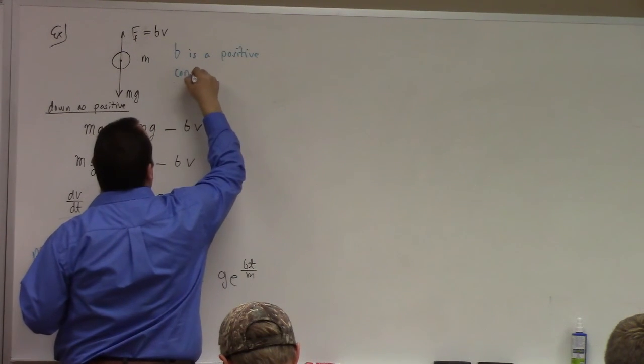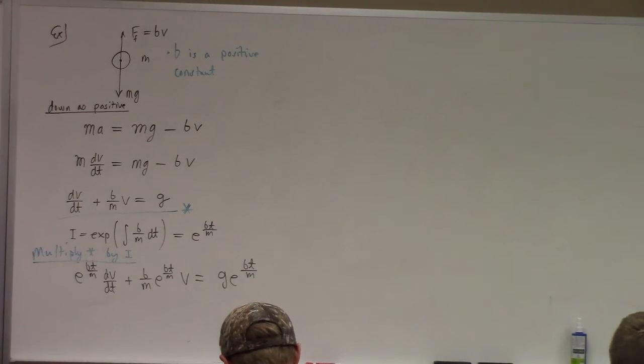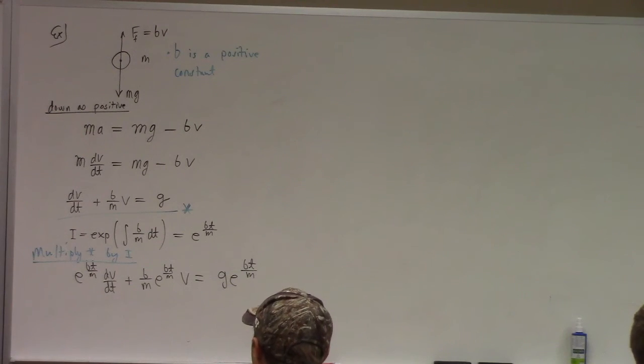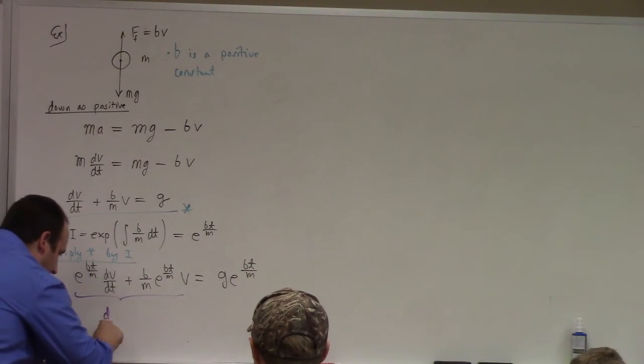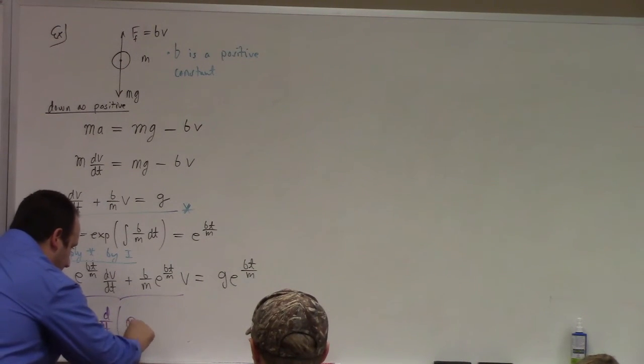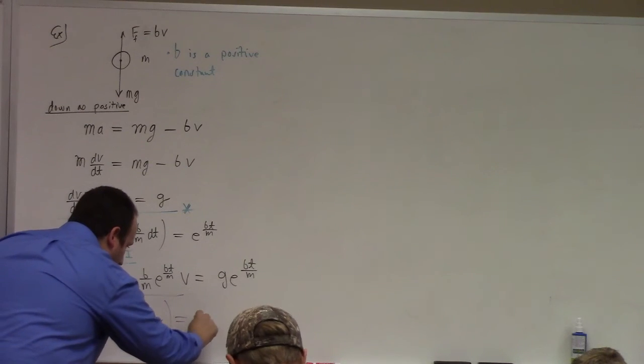If b was a function, well then we'd need longer, or I'd be stuck. Thankfully this worked though. See, that's d/dt of the integrating factor times the velocity.